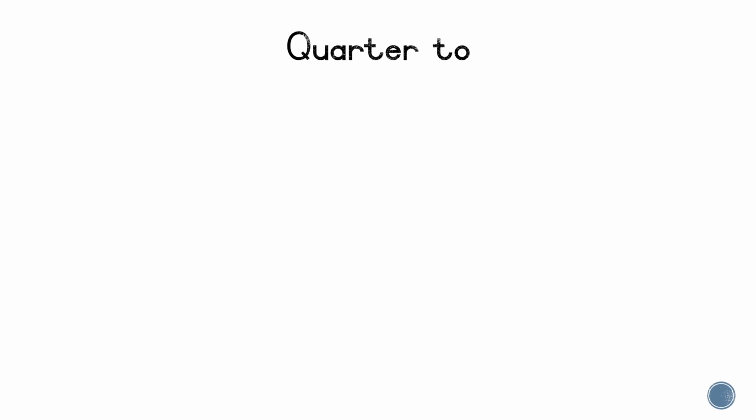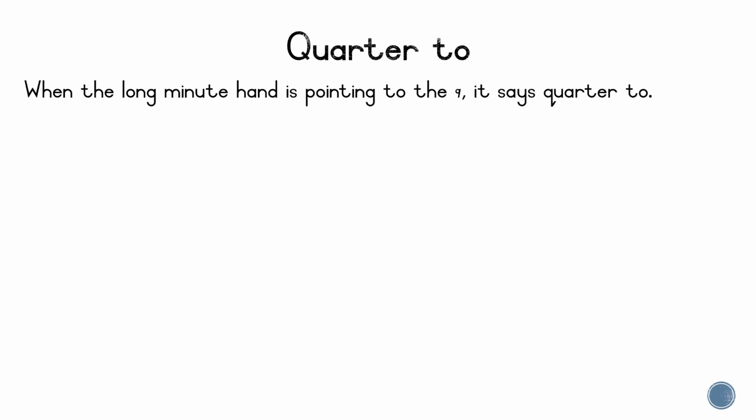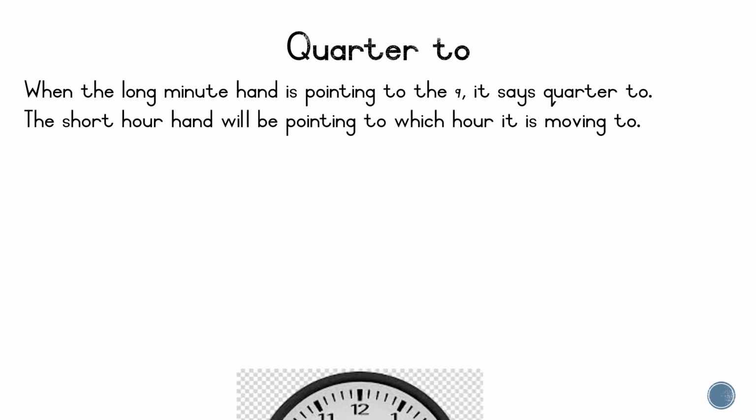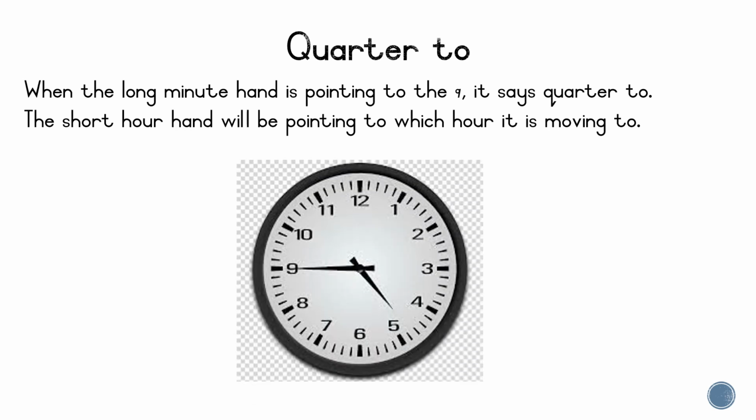Let's look at quarter to and when it's shown on a clock. When the long minute hand is pointing to the 9, it says quarter to. The short hour hand will be pointing to which hour it is moving to. Here we have our clock. We can see that the long minute hand is pointing to 9, which means quarter to.